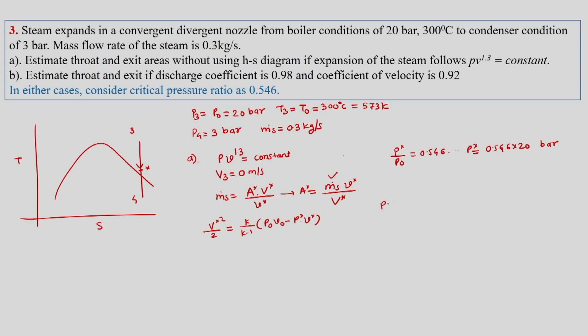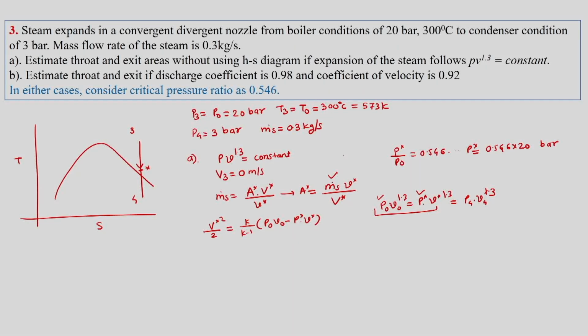We are told that P naught V naught raised to 1.3 is equal to P star V star raised to 1.3, is equal to P4 V4 raised to 1.3. Using the first relation we know P star upon P naught, which is 0.546. So we know P star, we know P naught, and from the steam table we can find V naught corresponding to 20 bar and 300 degree Celsius.